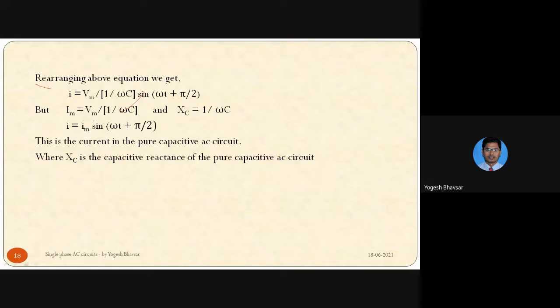So Vm by 1 by omega C, that is nothing but Im, and Xc is equal to 1 by omega C. So the final expression is I is equal to Im sine of omega t plus pi by 2, where Im is equal to Vm by Xc, and Xc is equal to 1 by omega C. We have already stated this: capacitive reactance Xc is equal to 1 by omega C. So this is the current in the purely capacitive AC circuit, where Xc is the capacitive reactance in the circuit.